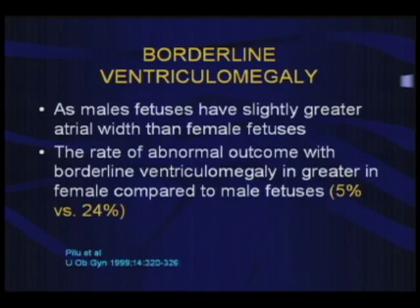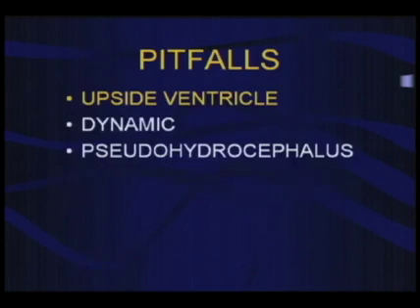So if you have a male with a ventricle of 12 millimeters, that may in fact be more likely to be normal than if you have a female fetus with a ventricle of 12 millimeters. And in fact, in this study, the rate was 5% for males with an abnormal outcome compared to 24% in females with an abnormal outcome.